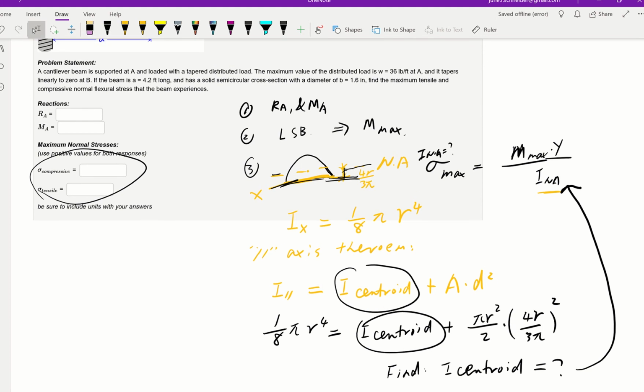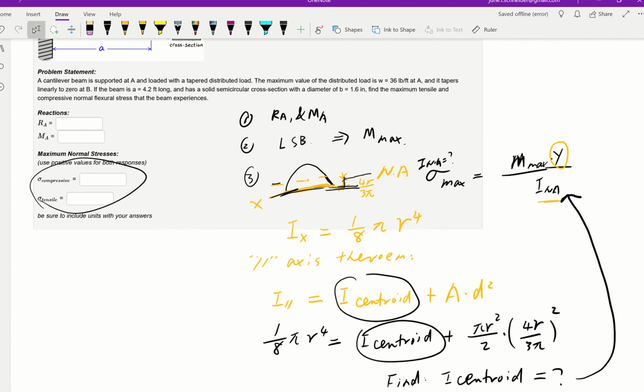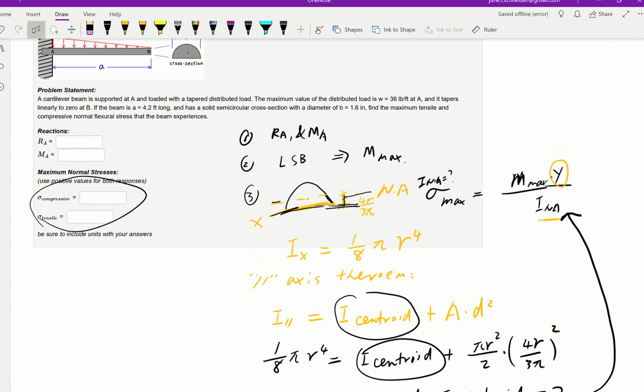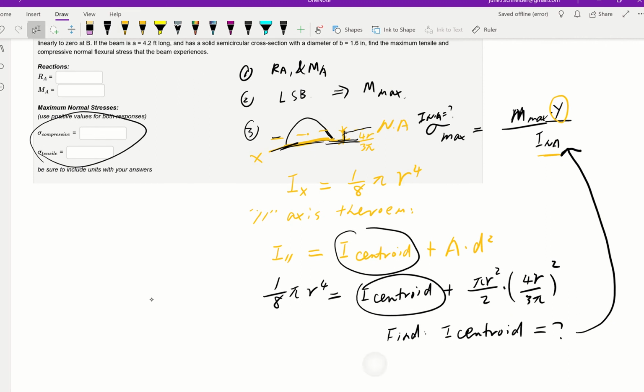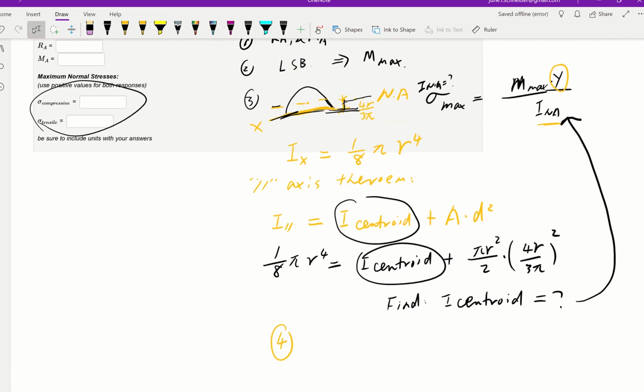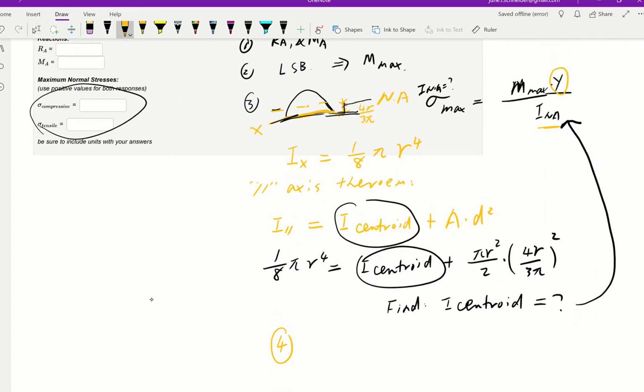So the only thing left for this problem is this y. And think about this semicircle. If there's a downward force on it, this semicircle is going to be bent.